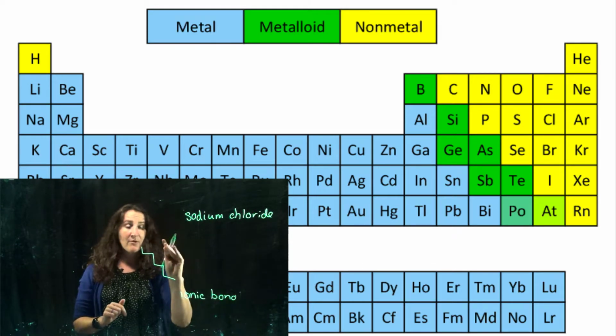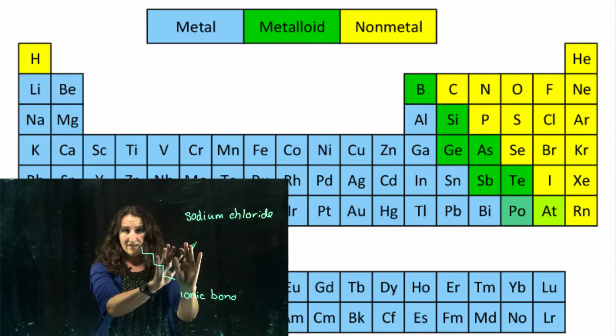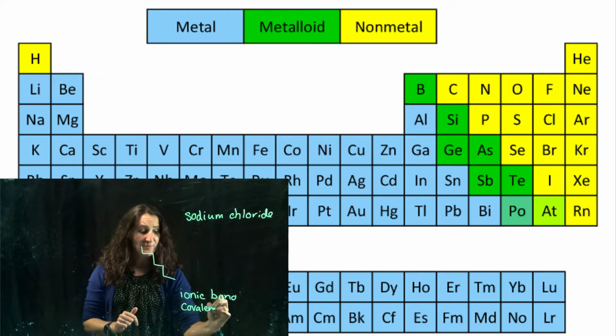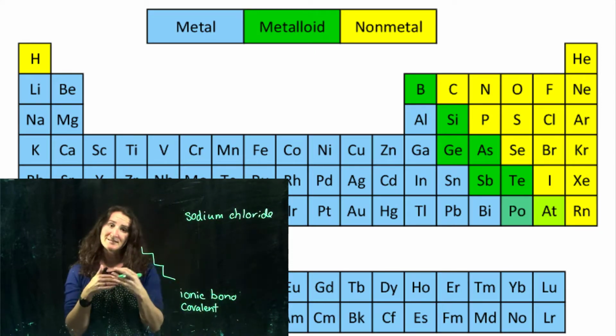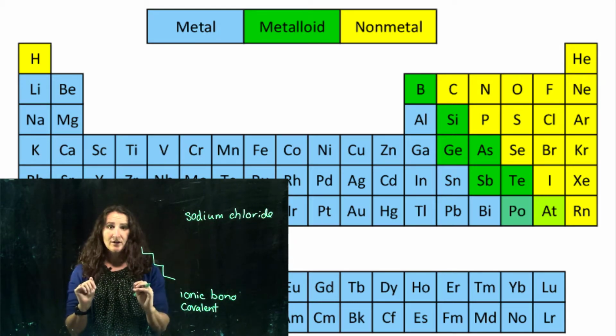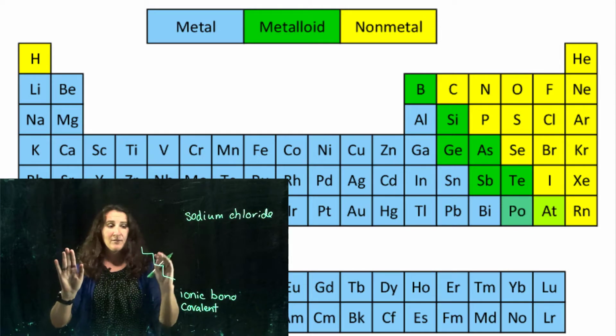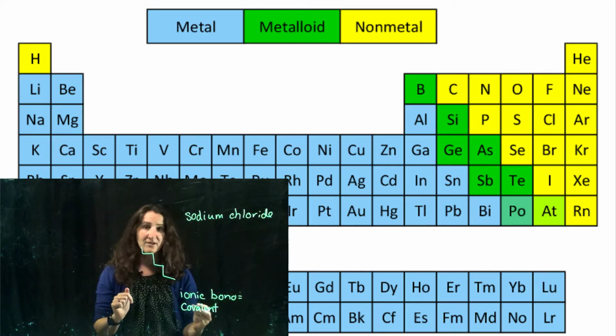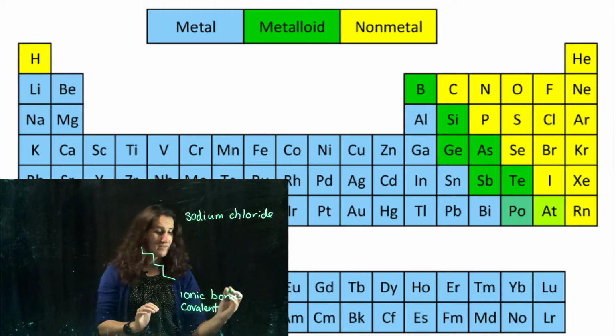But if they were both on one side of the staircase, then they are going to form a covalent bond. That's because ionic bonds are formed when opposites attract. In this case, you've got a cation and an anion, or another way of thinking of that is a metal plus a nonmetal. Those are the two ways of figuring out whether you have an ionic bond or a covalent bond.